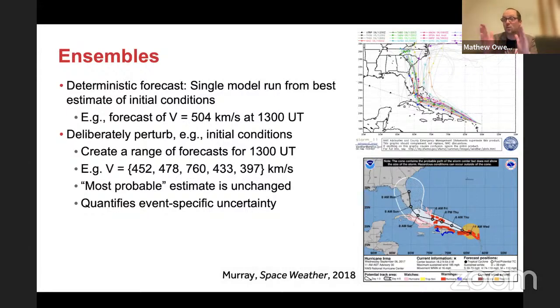And the reason is that you're perturbing your parameters around that best estimate. And so often, ensemble forecasting is not necessarily about improving your best estimate. It's about quantifying how confident you are in it. If you change things a little bit and it doesn't really change the arrival time, you can be confident. If you change things a little bit and it massively changes the arrival time, you should not have confidence in that forecast. And that is a really useful thing to quantify.